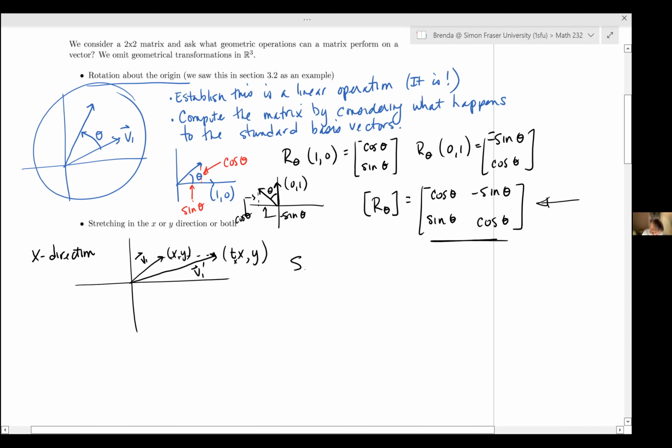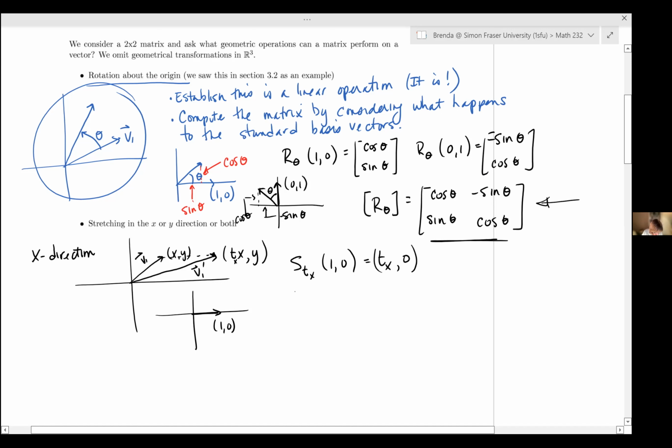So to stretch in the X direction, when I stretch the vector (1, 0), what does that mean? Well, clearly, when I stretch in the X direction, I simply multiply that 1 by the amount of the stretch, and nothing happens to the Y component.